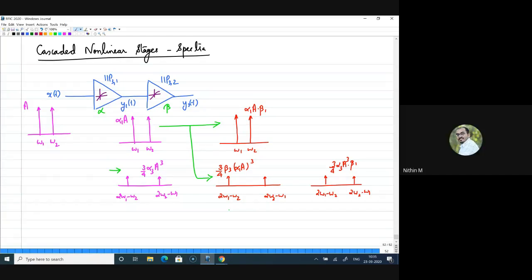Okay. My question is, are there any other components at the input of the second stage that can produce intermodulation components or can contribute to the frequencies at 2 omega 1 minus omega 2 or 2 omega 2 minus omega 1?